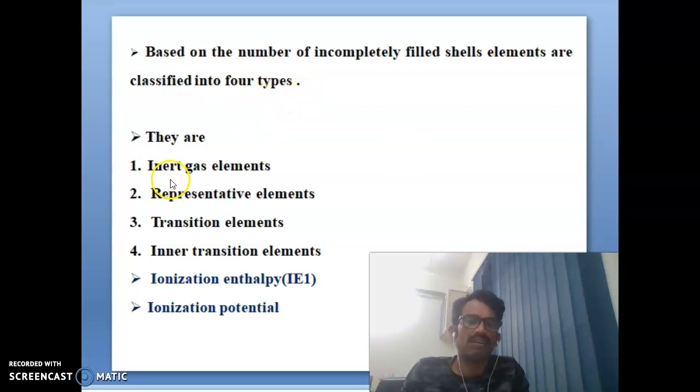They are the inert gas elements, representative elements, transition elements and inner transition elements. Another very important topic is ionization enthalpy, IE1 and ionization potential.